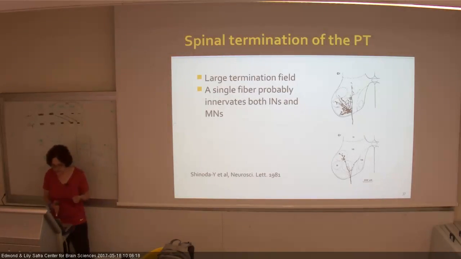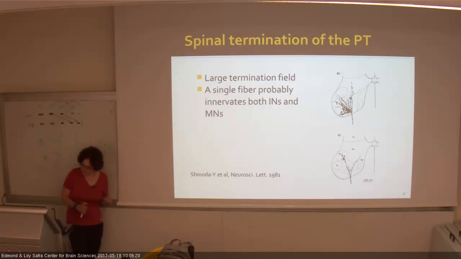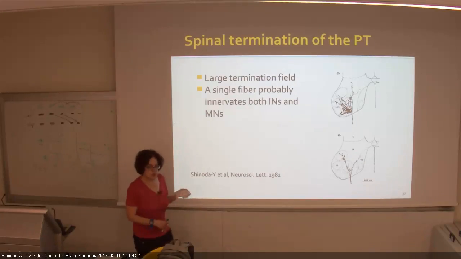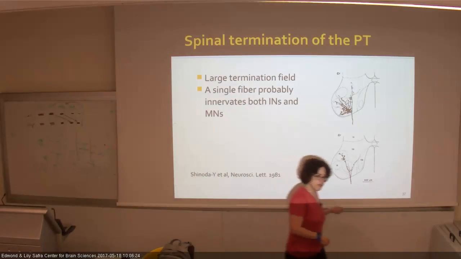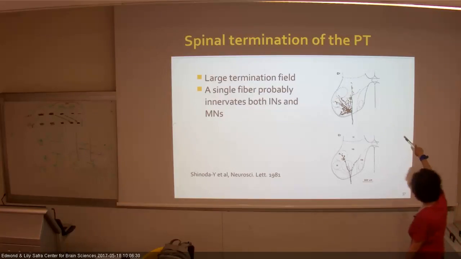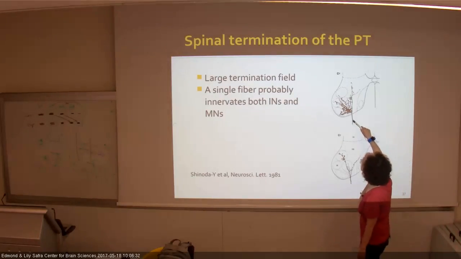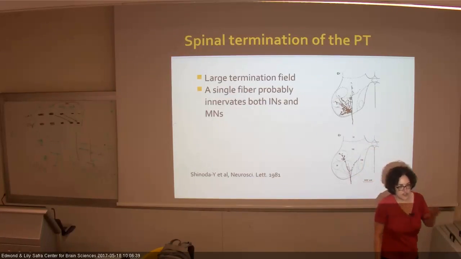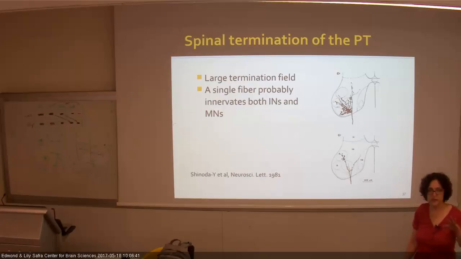Now the termination field of these cortical motor neurons is rather large. This is a tracing of a single cortical motor neuronal fiber. This is work from Shinoda that shows that a single cortical motor neuronal fiber can innervate several synergistic muscles.